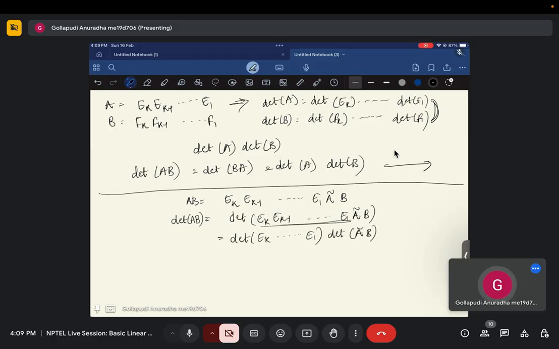Now if this is singular, then it is going to have some zero rows, so the product also will have zero rows.